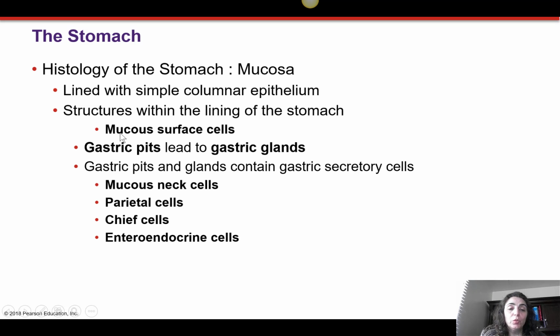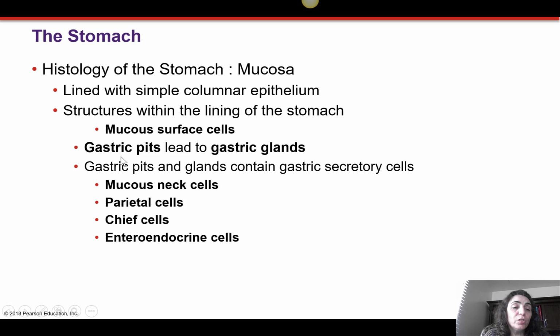Their function is to produce lots of mucus to protect the surface of the mucous membrane from the acid of the stomach, because you will see that inside the stomach we have a huge amount of acid related to its function. So this mucus produced by the mucous surface cells protects the surface layer of the mucosa.